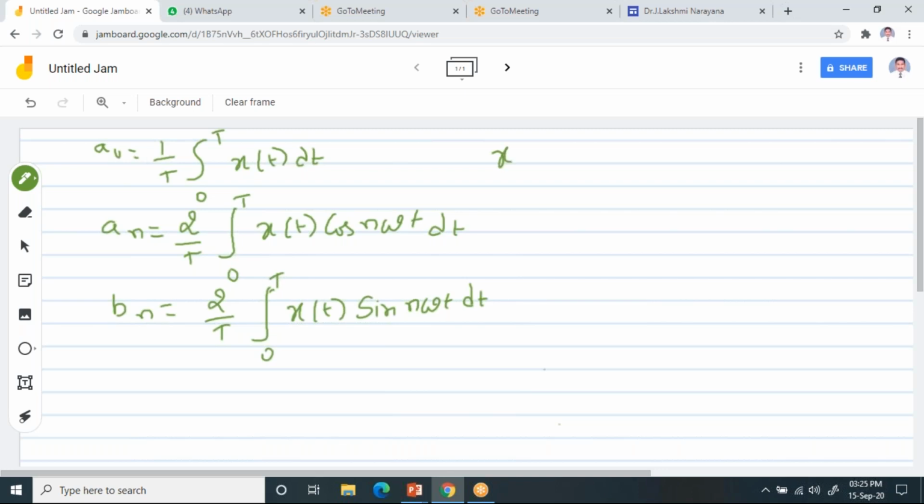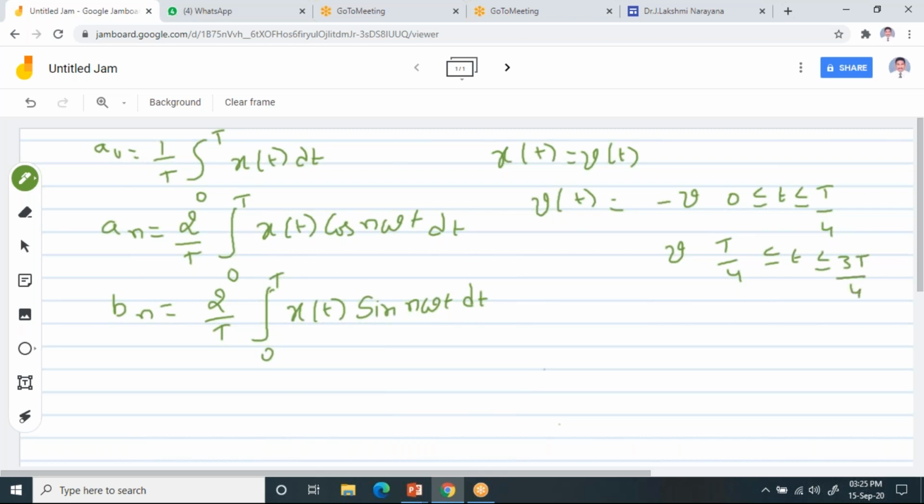Here in this case, my x of t is nothing but v of t. I'm going to write the equation for V of t. V of t equal to minus V for 0 less than t less than T by 4. This is one part. And it is V from T by 4 less than t less than 3T by 4.